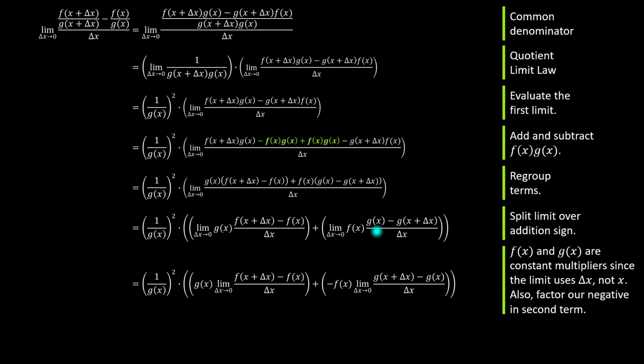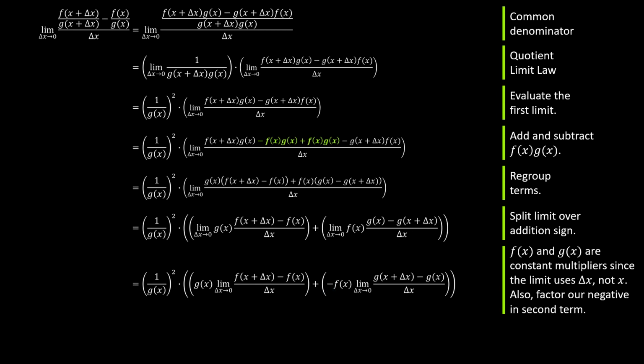But you also might notice that here I have g of x minus g of x plus delta x, and my difference quotient needs to be the other way around, like this one, f of x plus delta x minus f of x. So I also have to factor out a negative to flip the order of those two terms, to make the part with the delta x positive and the part without it negative. So really I'm factoring out a negative f of x from that bottom piece.